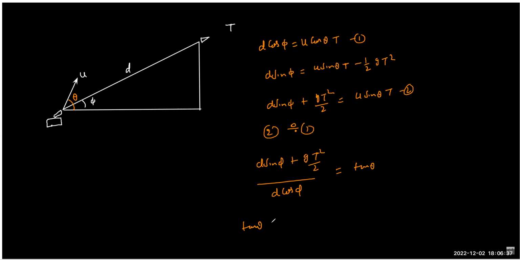The tan theta is tan phi plus g t square by 2 D cos phi. So theta is tan inverse of tan phi plus that.